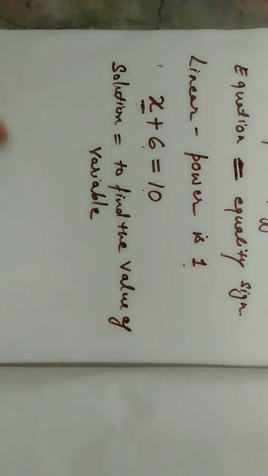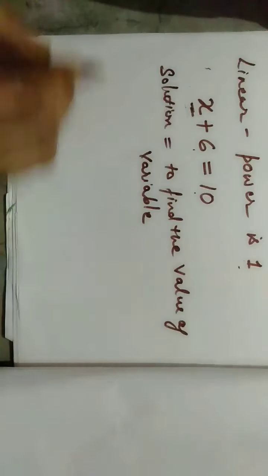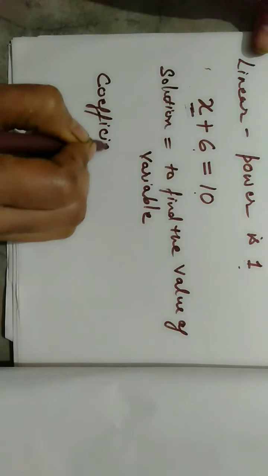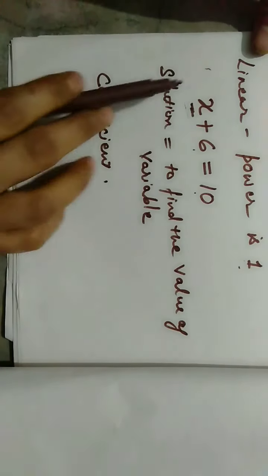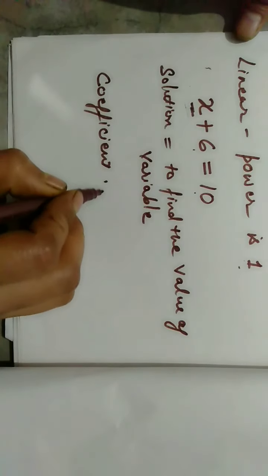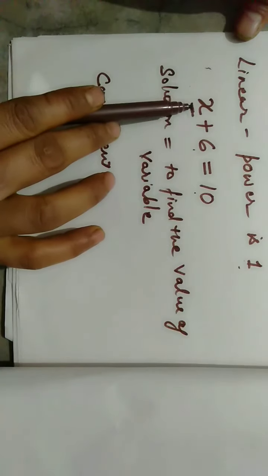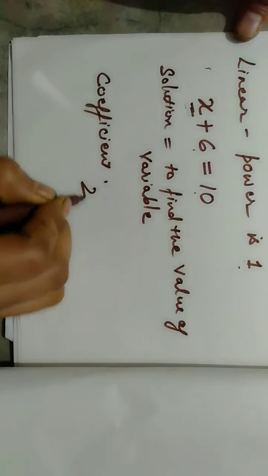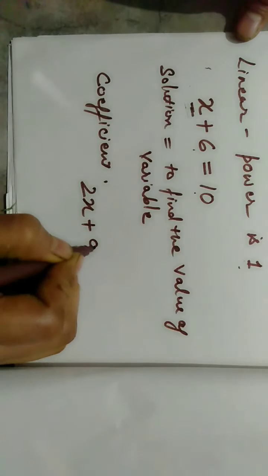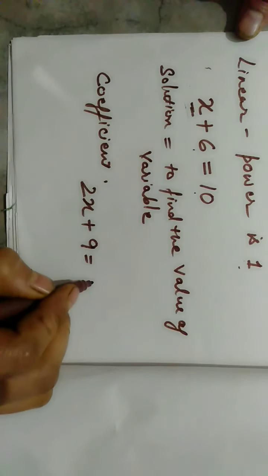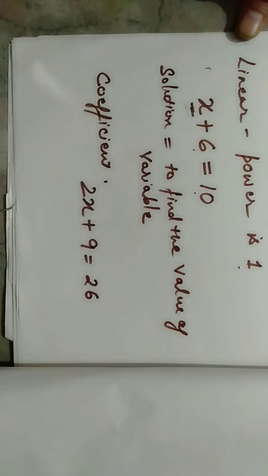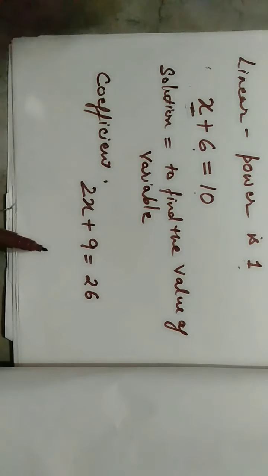Now related to this, there is another thing: coefficient. Coefficient means whatever is multiplied to this variable x is said to be the coefficient. Like 2x plus 9 is equal to 26. Suppose this is an equation.